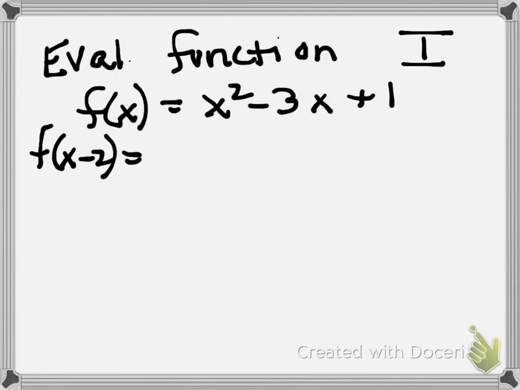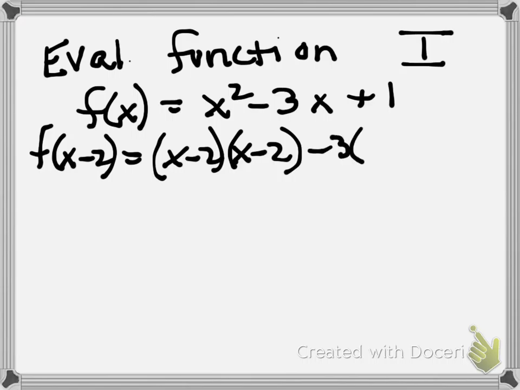X minus 2. And you need to square it. I strongly suggest that you write x minus 2 times x minus 2 instead of just writing x minus 2 quantity squared. And then -3 times x minus 2 plus 1. That makes it much clearer that you have a binomial that you're squaring by FOIL. If not, you're going to get x squared plus 4, and you're going to miss that middle term altogether.